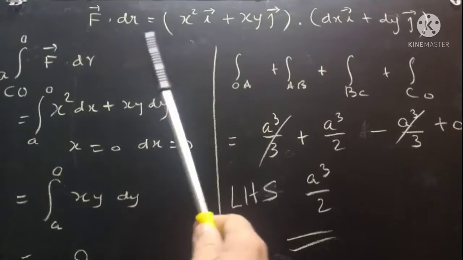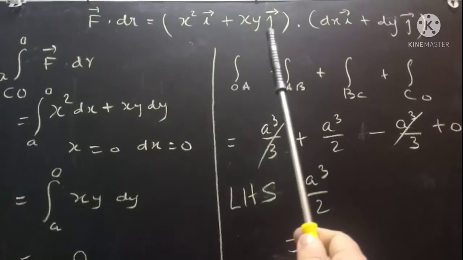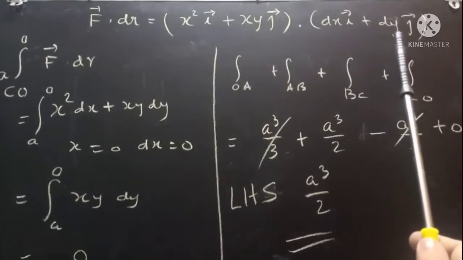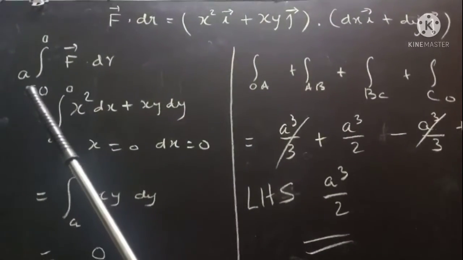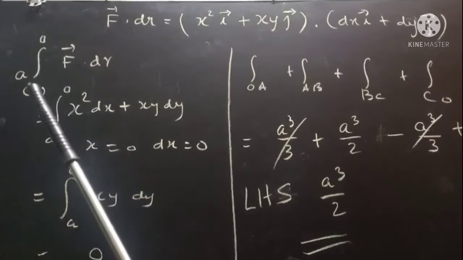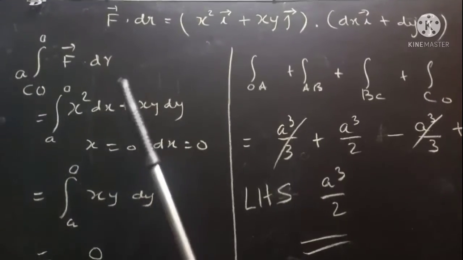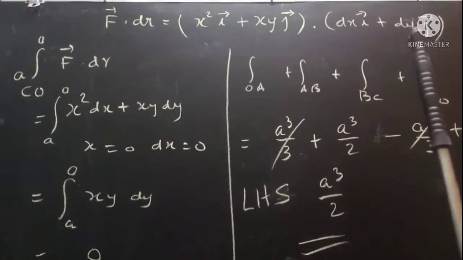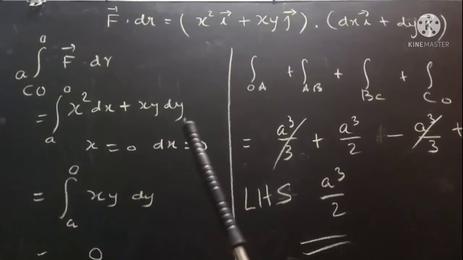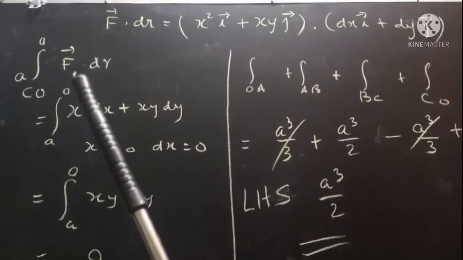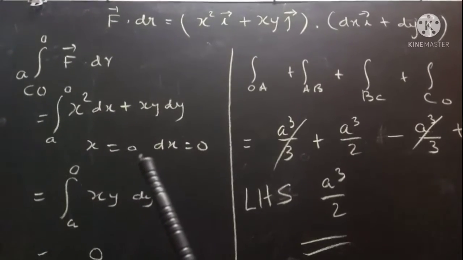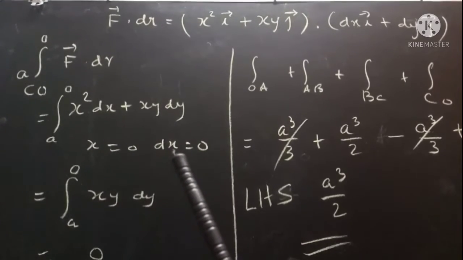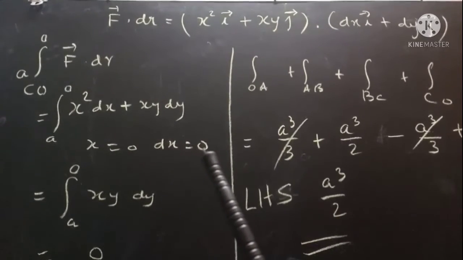Next CO: F dot dr, where F is x square i plus xy j vector dotted with dx i plus dy j vector, limit a to 0. F dot dr is x square dx plus xy dy.